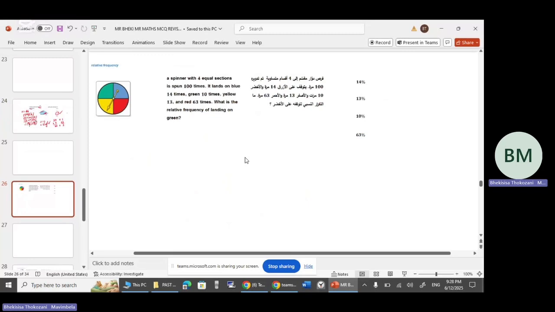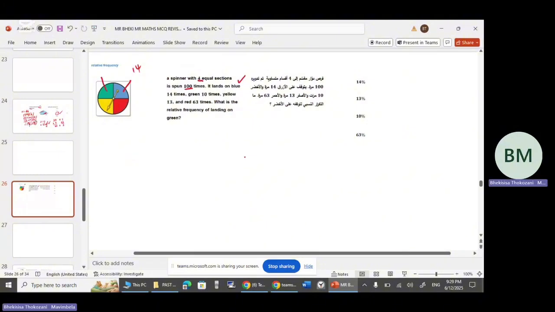Now, let's look at this one here. It says a spinner, 4 equal sides, or sections rather, 1, 2, 3, 4. So it spins 100 times. It lands on blue 14 times. So this is your blue, 14 times. And it lands on green. This is your green.